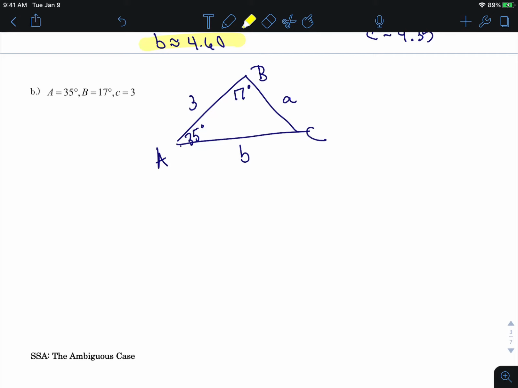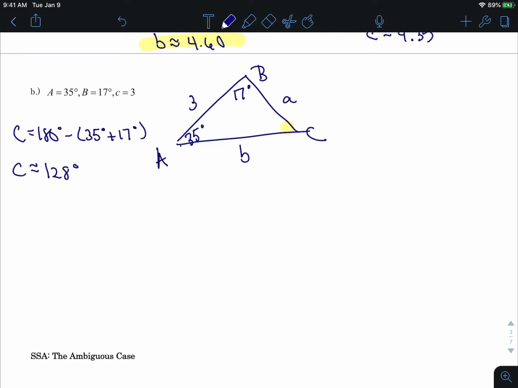It's just like the other one. We can go ahead and solve for that missing angle because the triangle adds up to 180. All right, so when I do that, I end up getting 128 degrees.